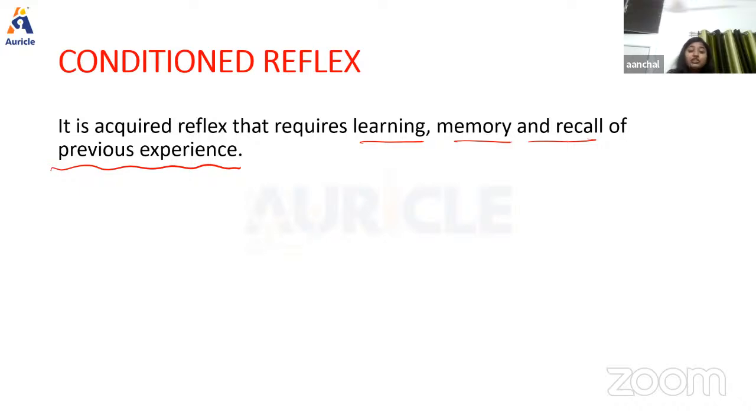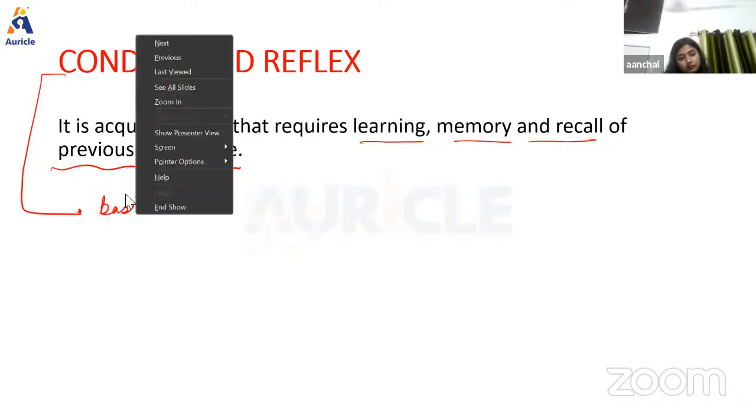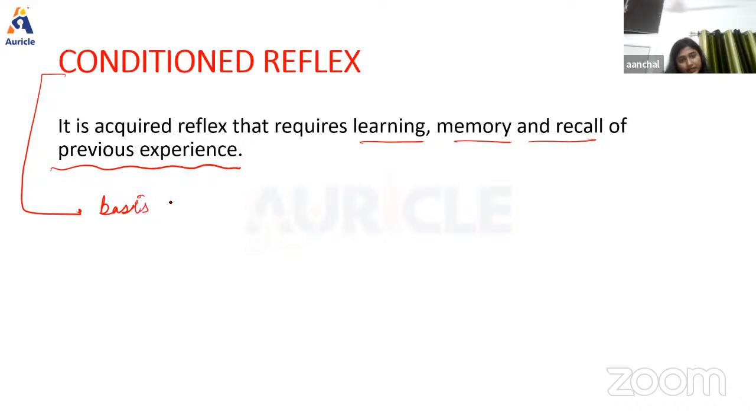So the conditioned reflex always occurs after birth, whereas the unconditioned reflex is the inborn reflex, which does not need any kind of previous experience.